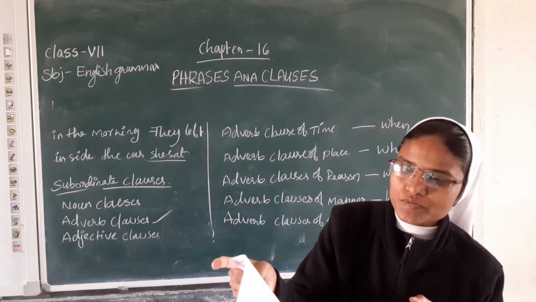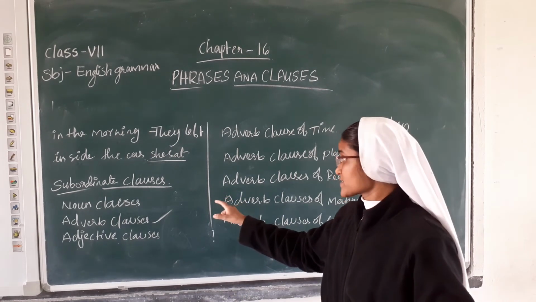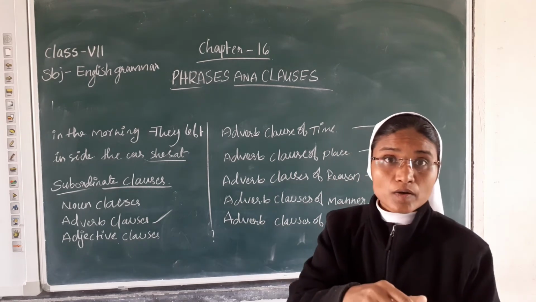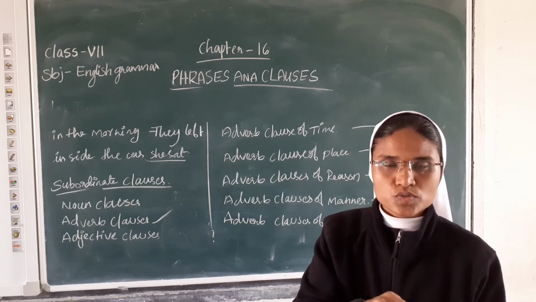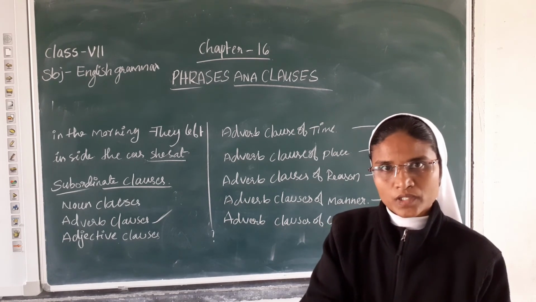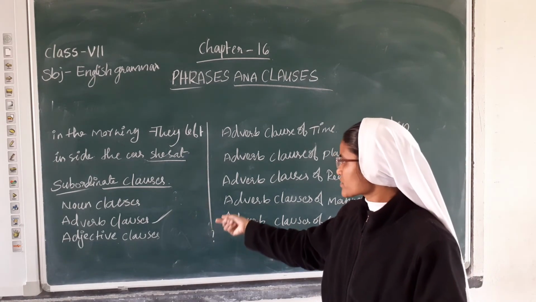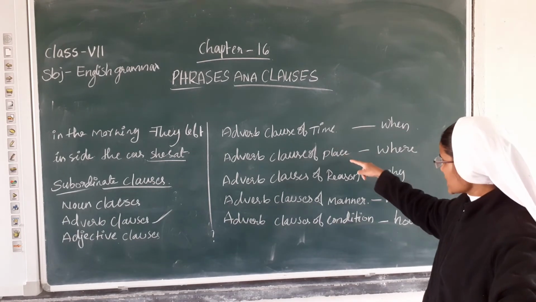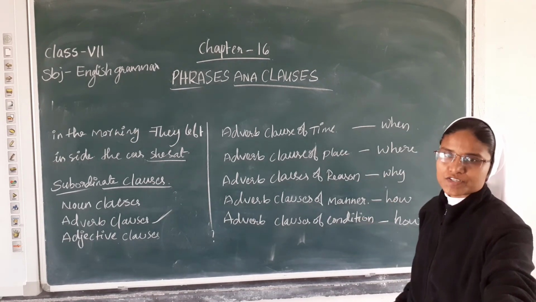So noun clauses we use as the subject of a verb, object of a verb, and object of a preposition to write the sentence. Okay. Then adverb clauses: there are five types, time, place, reason, manner and condition.